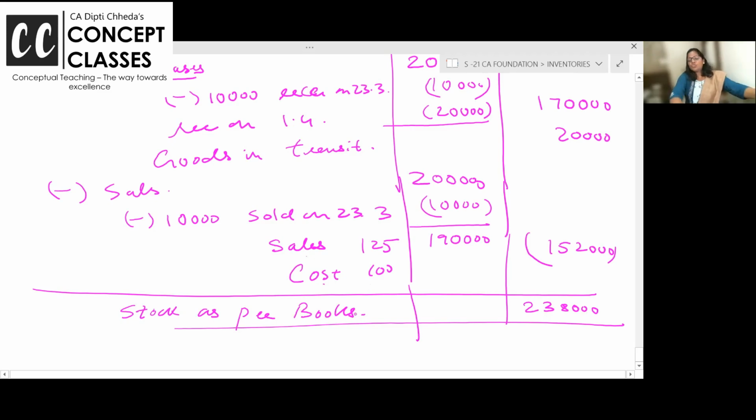Because sale to book ho chuka hai. Sale has been booked. That's why I didn't reverse that sales of 20,000. It's not my stock. It is sold. Billing ho chuka hai for 20,000. So don't just remove it.